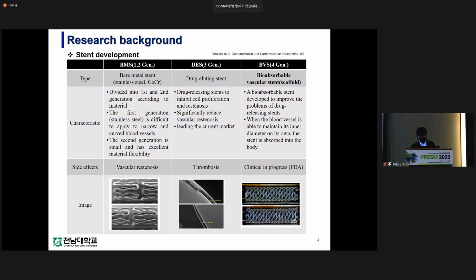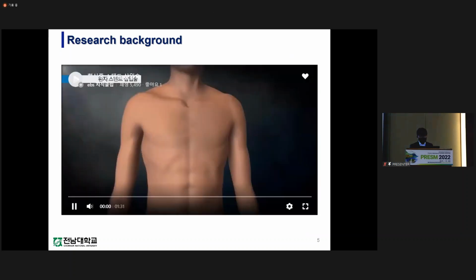However, it causes thrombolysis. The fourth generation bioabsorbable vascular stent is absorbed into the body when the blood vessel maintains its own diameter. A commercial product approval was revoked due to side effects.